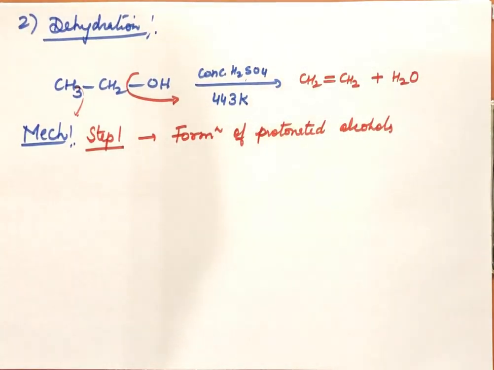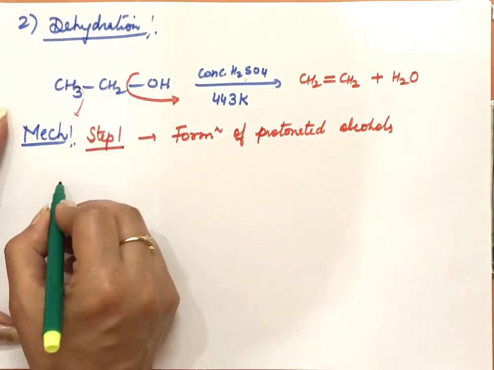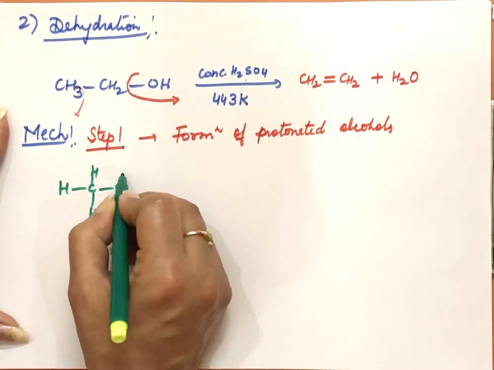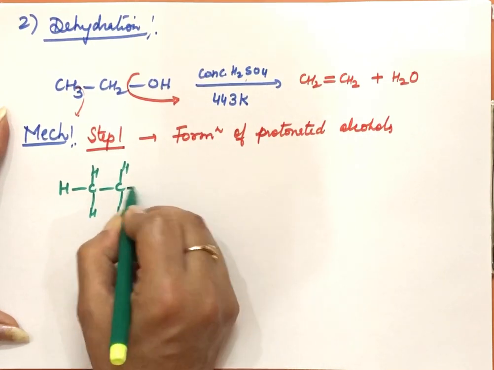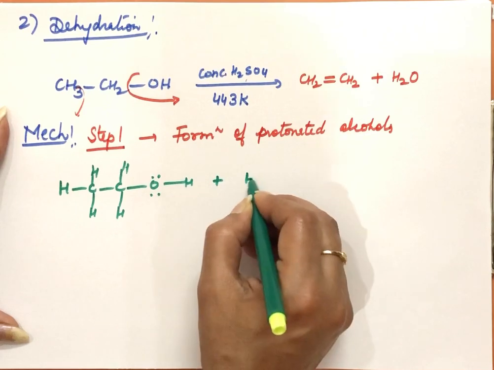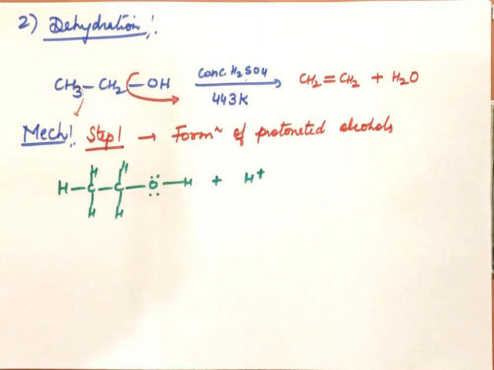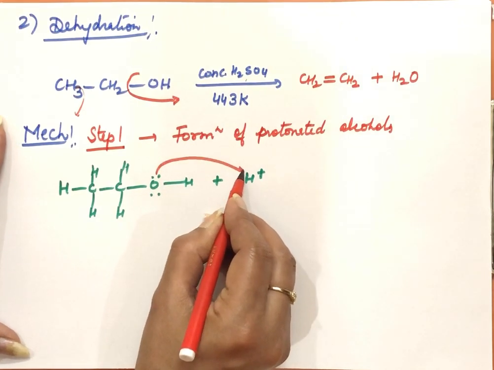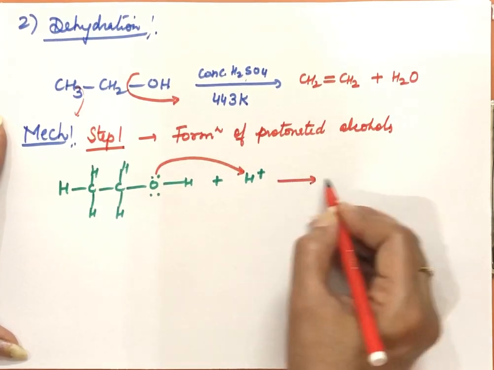So protonated alcohol will form by attack of H plus on this alcohol, CH3, CH2, and this is OH. O has electrons here, and H plus attacks. In this case, oxygen is more electronegative, so the arrow will go from this side towards H plus.